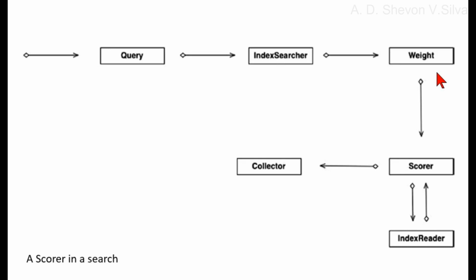Class Weight, the expert API to calculate query weights and build query scorers. Class Scorer, expert: common scoring functionality for different types of queries. A scorer exposes an iterator method over documents matching a query in increasing order of the doc ID.